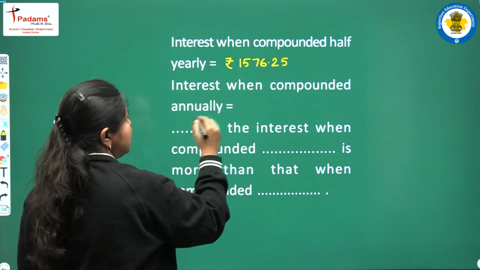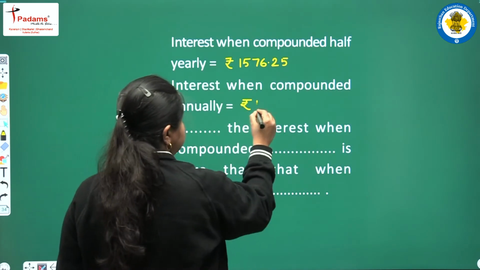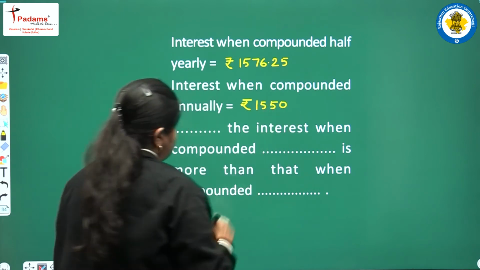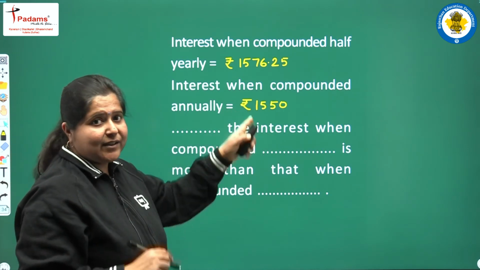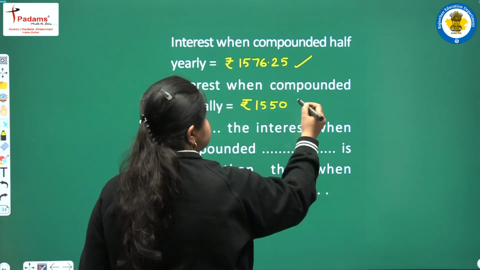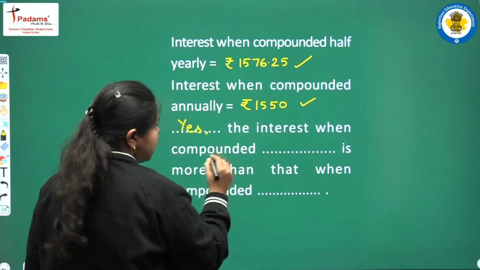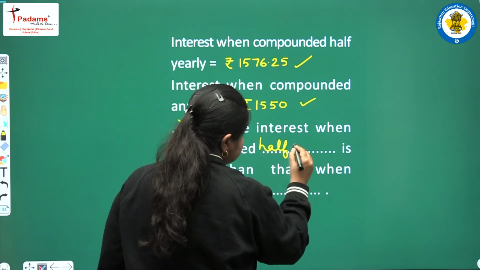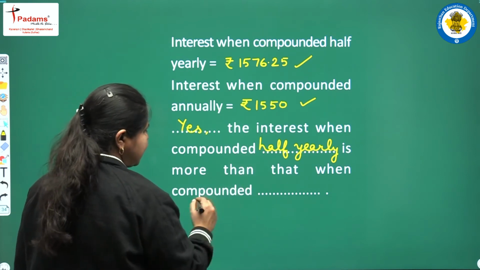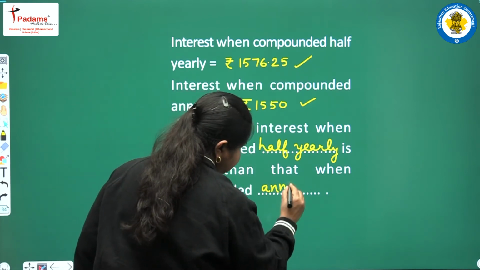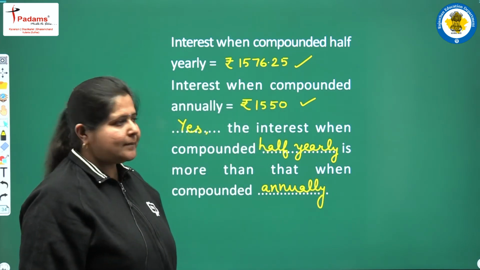And interest when compounded annually, it is rupees 1550. अब हमसे पूछा है कि क्या ये इंटरेस्ट ज़्यादा है एनुअल कैलकुलेशन से, तो आप देख सकते हैं ऑब्वियसली इट इज़ ग्रेटर देन दिस नंबर एंड सो वी कैन राइट दैट येस द इंटरेस्ट व्हेन कंपाउंडेड हाफ ईयरली इज मोर देन दैट व्हेन कंपाउंडेड एनुअली. और यही हमसे पूछा था. ओके, वी टेक द नेक्स्ट वन.